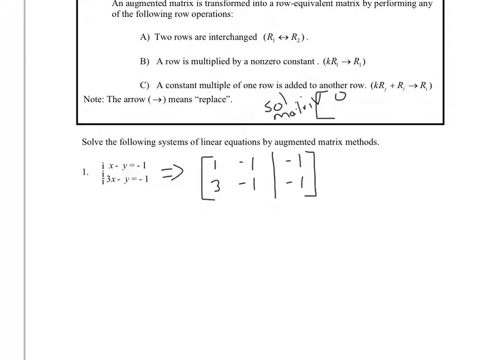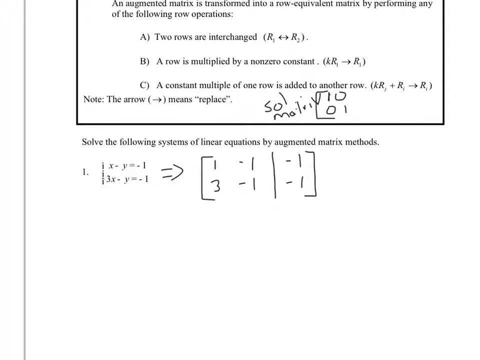I'm sorry, I thought I already had written down the 1. Let me correct that. We want a 1 in the top row followed by a 0. And then we'll want to have a 0 in the second row followed by a 1.